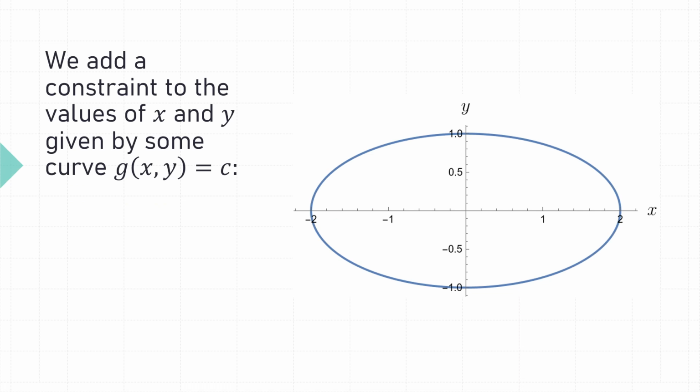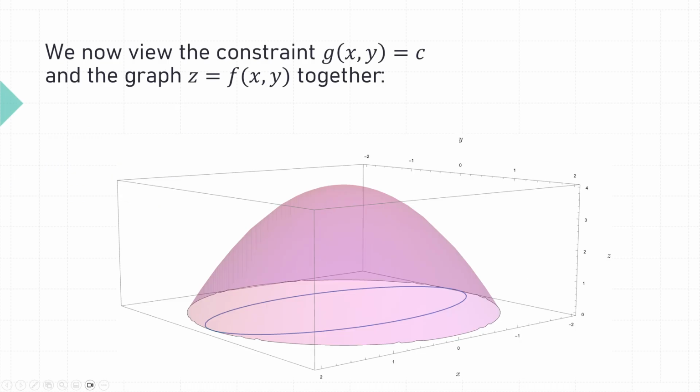So if we add that back into our original picture here, we can see the pink part here is the surface z is equal to f of xy, and then this purplish blue oval here, or ellipse here in the xy plane, is our constraint g of xy is equal to c. And now what we're asking for is what is the maximum and minimum values on this pink surface here where the x and y also lie on this ellipse.